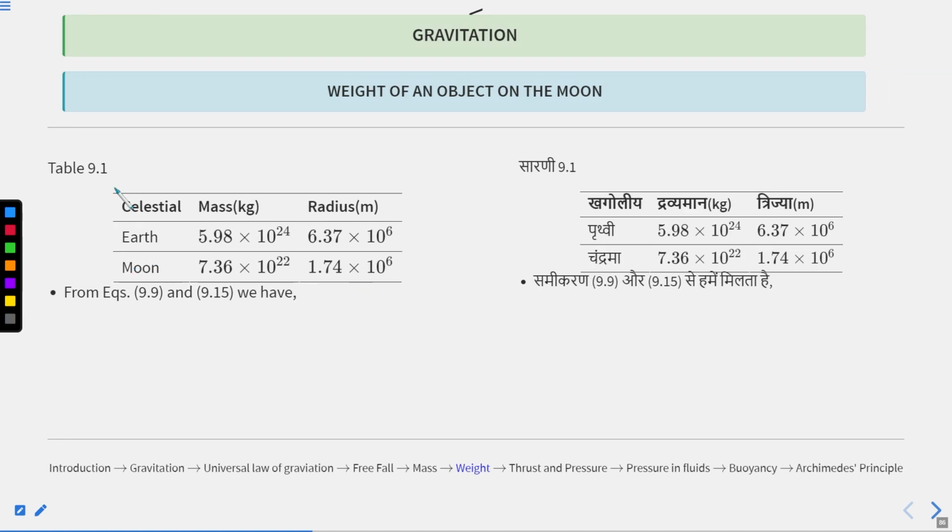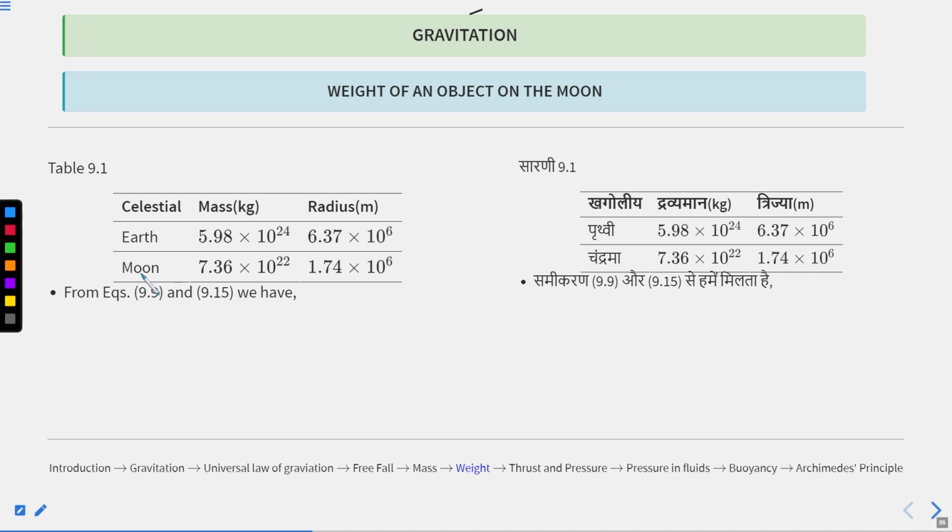Now we have drawn a table which contains the object name, their mass and their radius. Earth has a mass of approximately 6 into 10 raised to the power 24 kg and a radius of approximately 6,400 kilometers, so 6.4 into 10 raised to the power 6 meters.